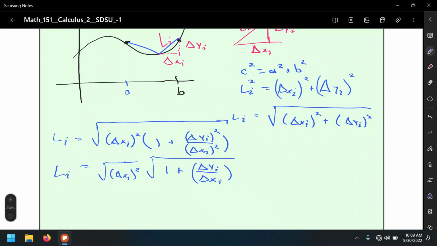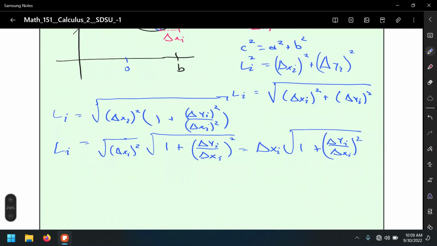The square root of something squared is simply the quantity inside of the radical, so that's the square root of 1 plus delta y sub i over delta x sub i quantity squared. To make this look closer to what we want to obtain, I'm going to write this delta x after the radical, so we can see the resemblance of what we want to obtain.